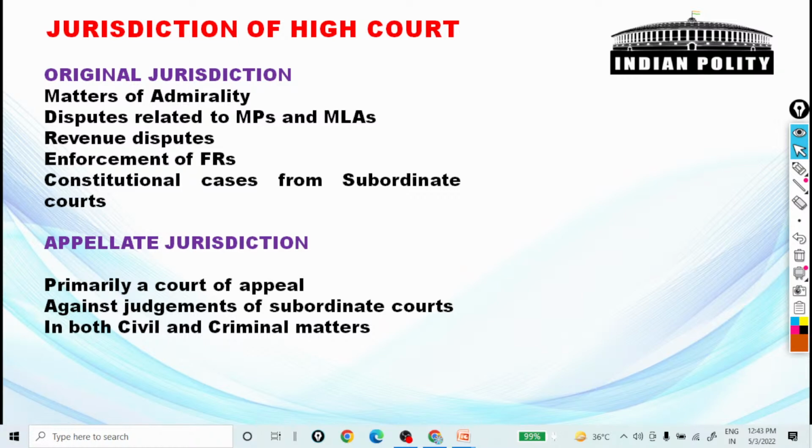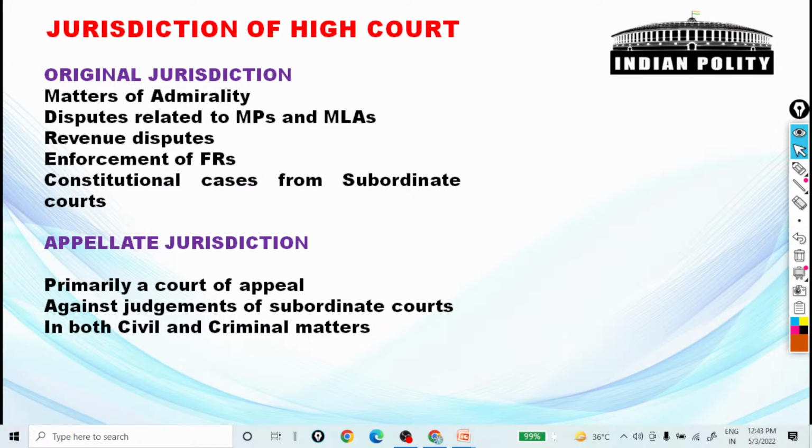So the High Court is a superior court, a supreme court at the state level. It enjoys extensive and extraordinary jurisdiction and powers. We can say it has more power, more work to do, more jurisdiction than the Supreme Court. But the jurisdiction and powers of the High Courts are almost the same as their counterparts in the pre-independence era.